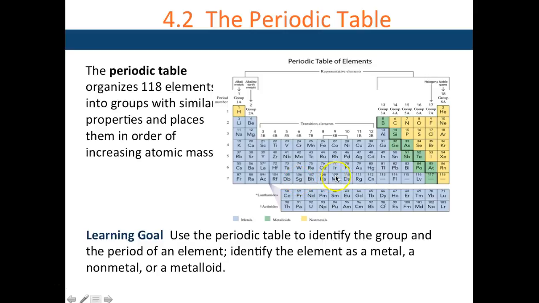Some of them have been artificially created radioactively, and so they are unstable. Okay. So you have the 8 metalloids: boron, silicon, germanium, arsenic, antimony, tellurium, polonium, and astatine. Now, metalloids have properties that are in between metals and non-metals. So they're called metalloids.